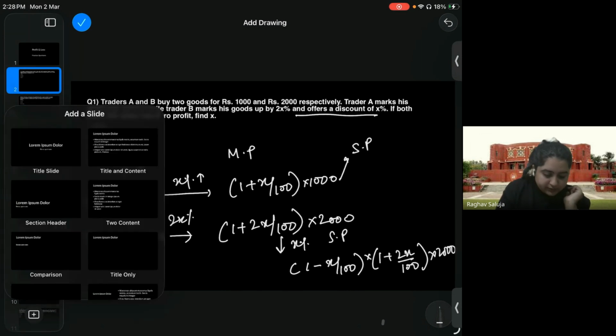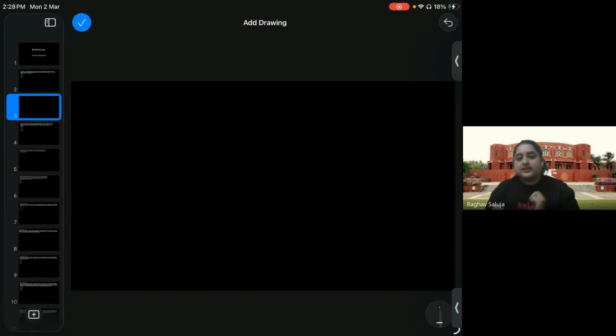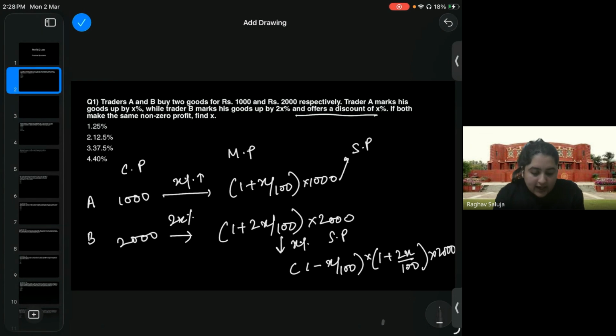Now it is given in the question that both make the same non-zero profit. So non-zero profit is very important. Else we can say that selling price of A minus cost price of A equal to zero. It is non-zero. That is why we will have to equate both the equations.